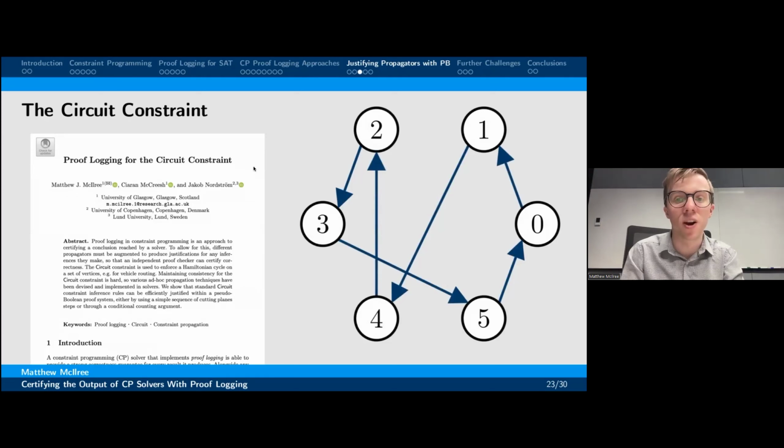So if the variable x2 is equal to the value 3, then that represents in some abstract sense that in a particular graph, there is a directed edge between the node 2 and the node 3. And then the circuit constraint is saying, interpreting the variables in this successor representation, we must form a Hamiltonian circuit. This is very important, very useful for using CP solvers to solve vehicle routing, traveling salesman type problems.